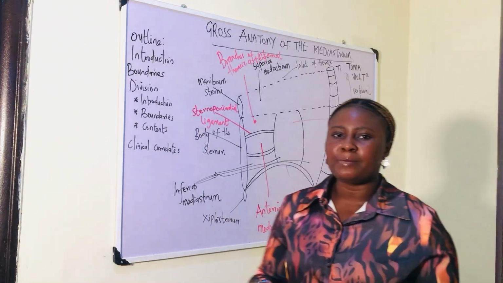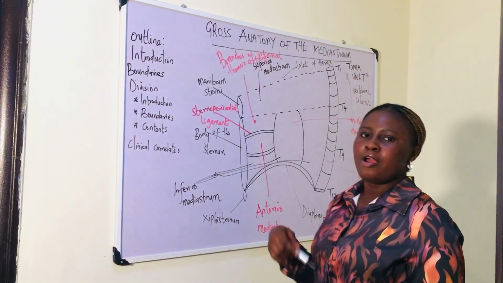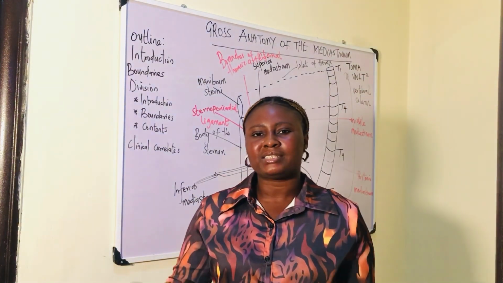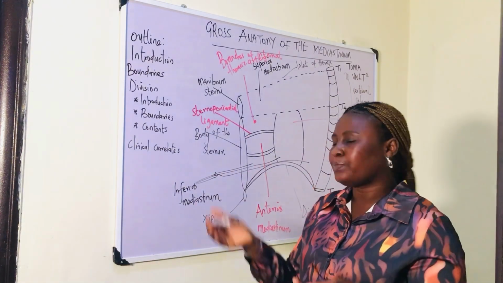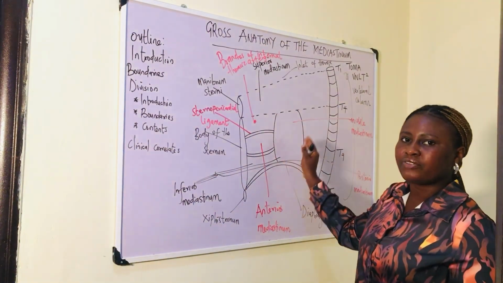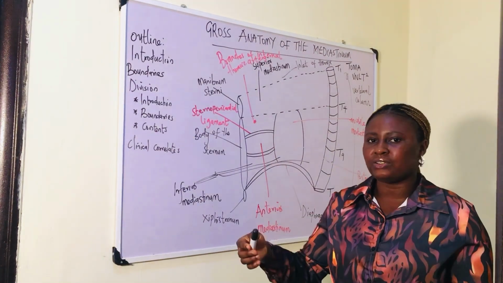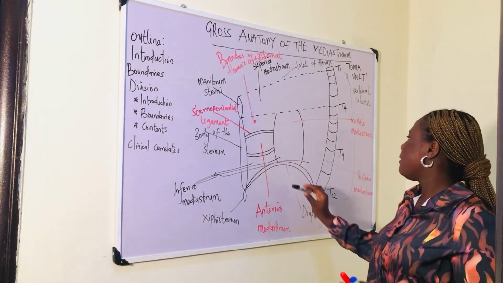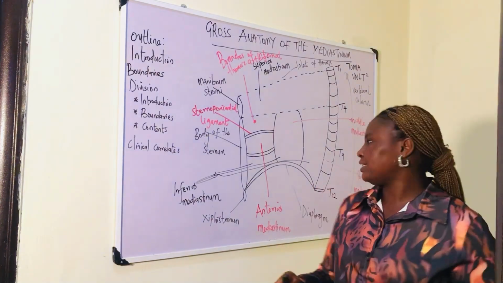Now, having talked about the anterior mediastinum, let's talk about the middle mediastinum. Remember that the middle mediastinum consists of the major content, which is the heart, enclosed by the pericardium. So it consists of the heart, the pericardium and its contents, that is the pericardiophrenic vessels and the phrenic nerves.